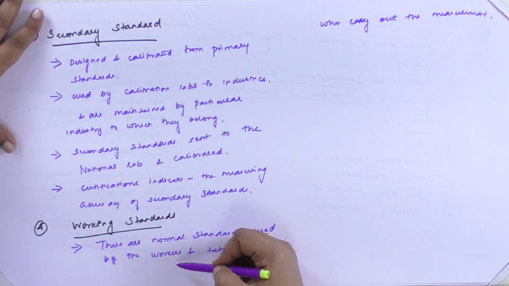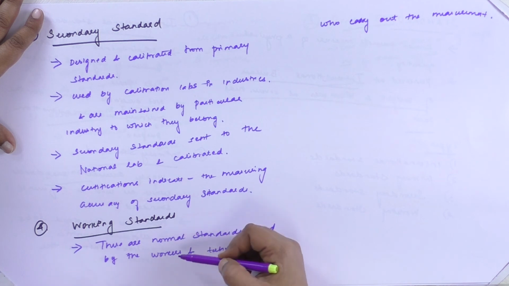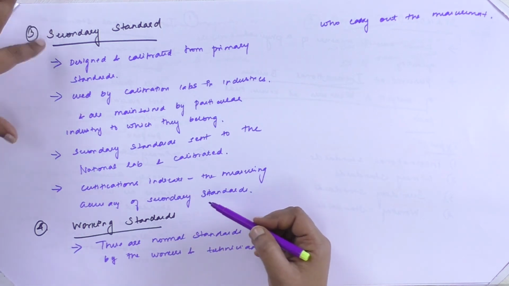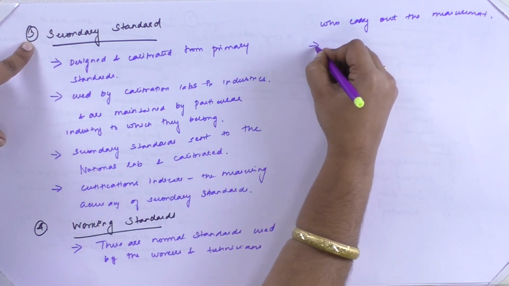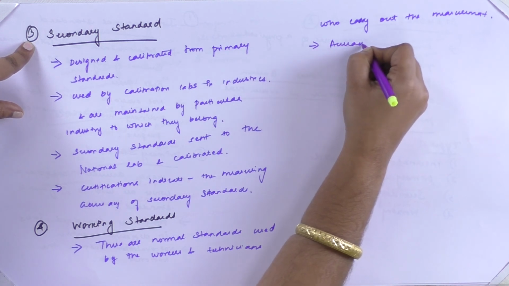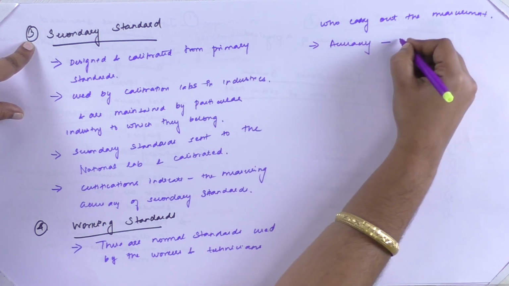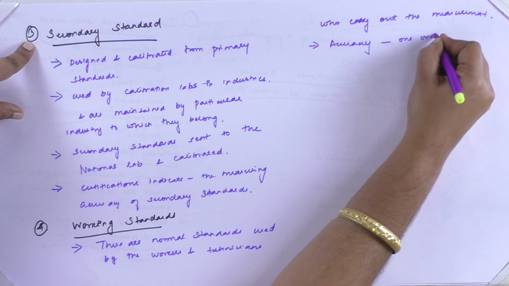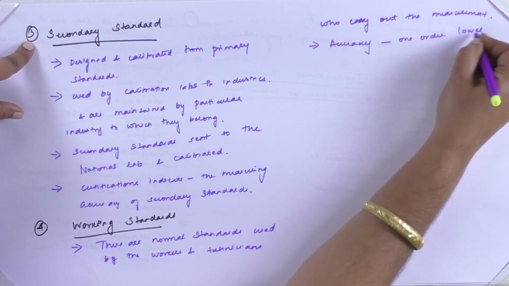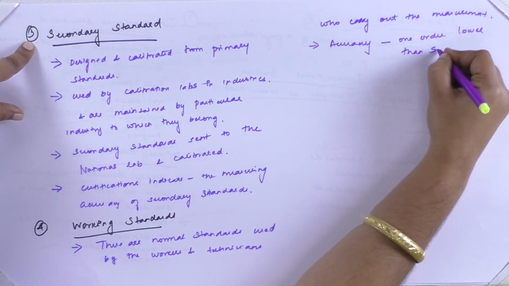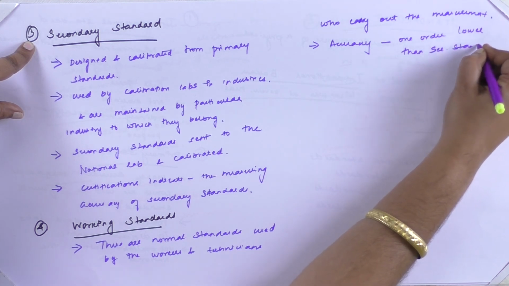The accuracy of this working standard will be one order lower compared to the primary standard or the secondary standard. The accuracy of the working standard will be one order lower than the secondary standard.